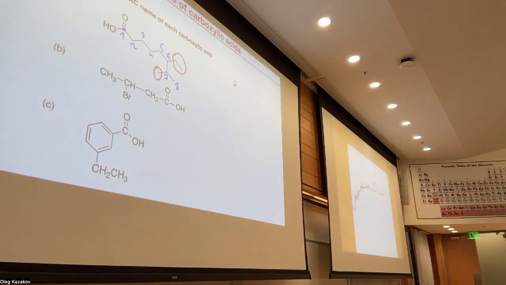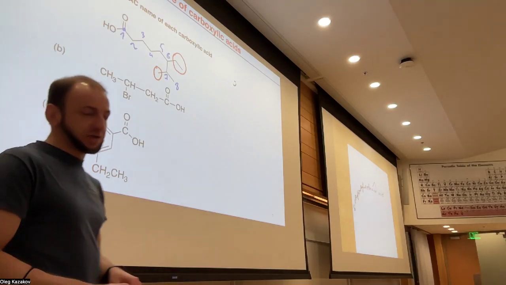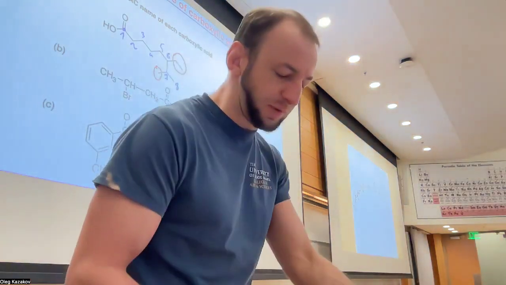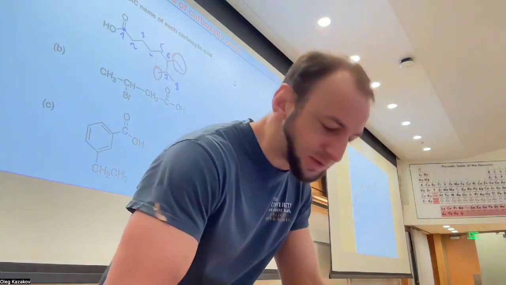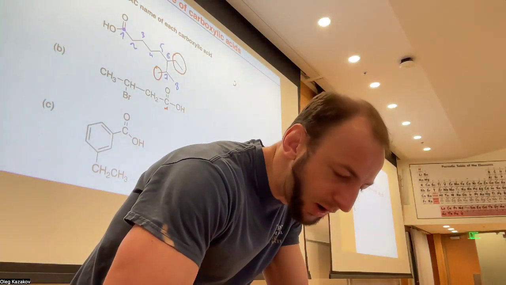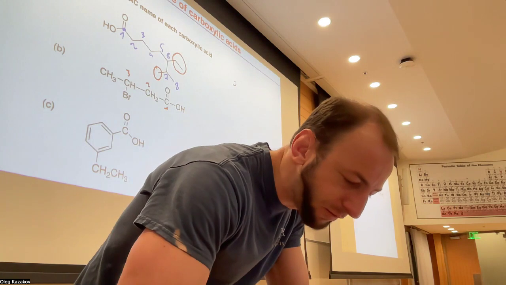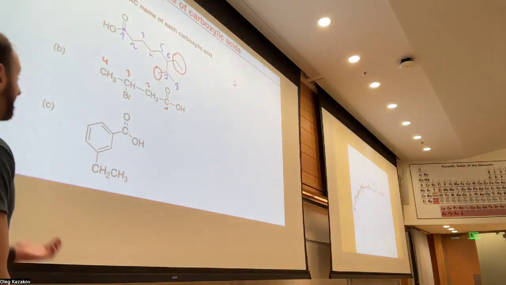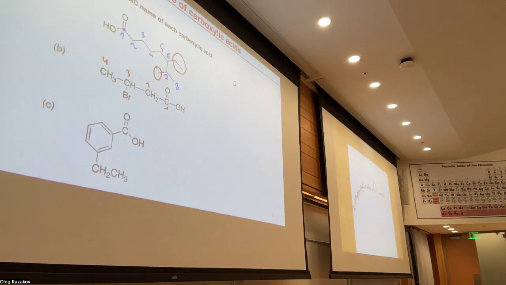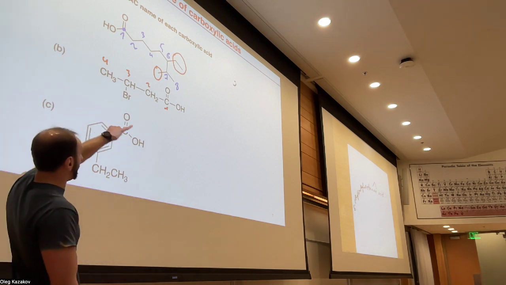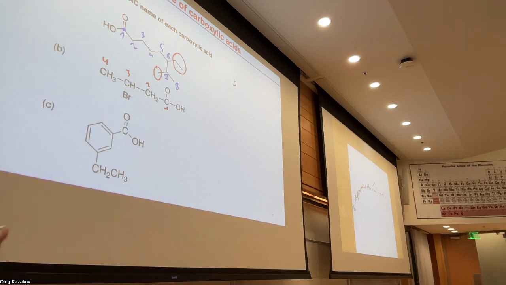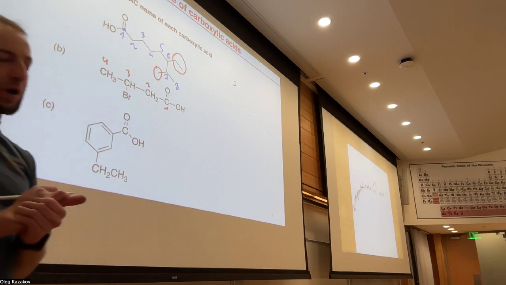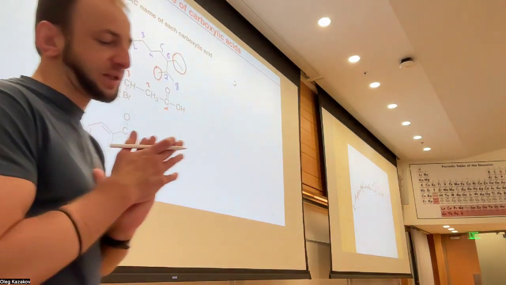So then here I can just number things. This is going to be a little bit less complicated. But still 1, 2, 3, 4, right? So this is going to be a substituted butanoic acid, right? Because we have 4 carbons in the main chain and not so many options, right? Honestly, we have the Br, which stands for bromo.